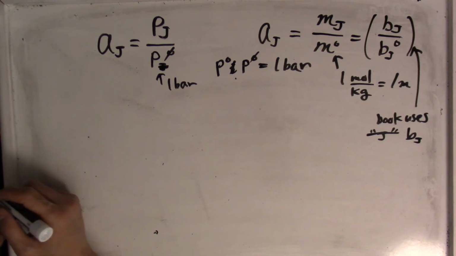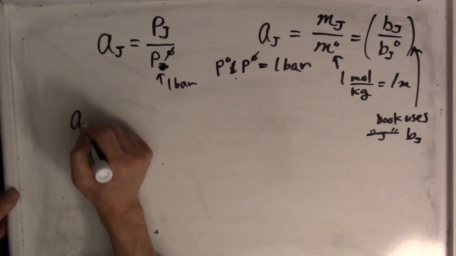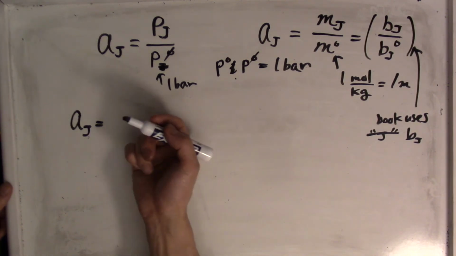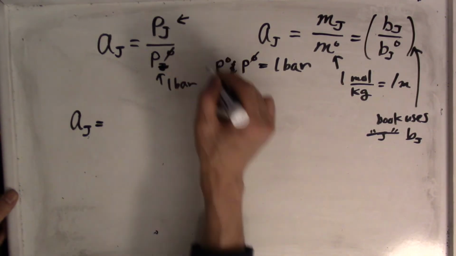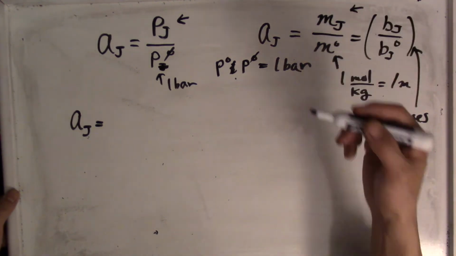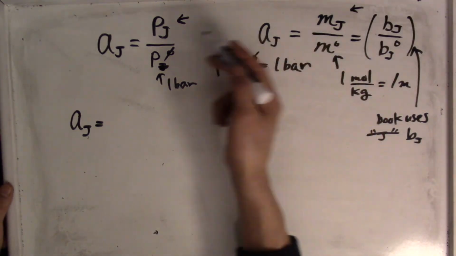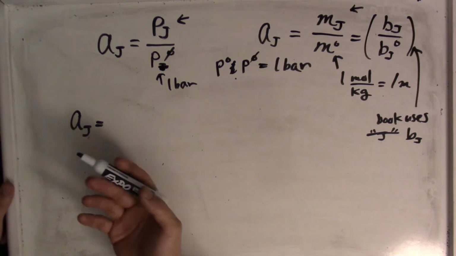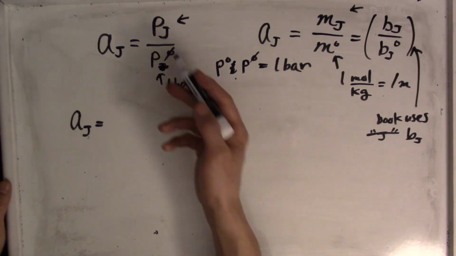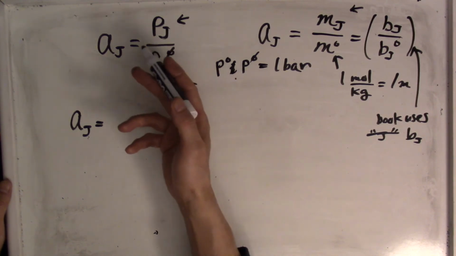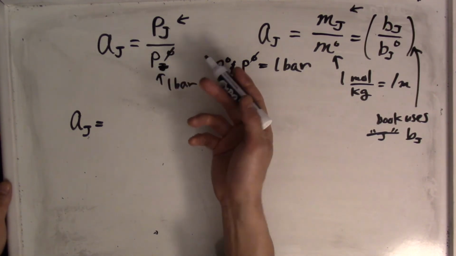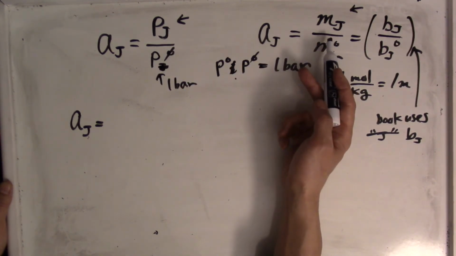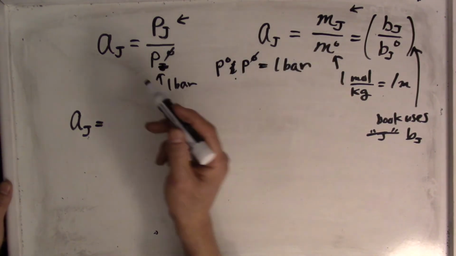Anyways, another term that you can use for activity of species J is also if you use mole fraction. Again, this is based on the vapor pressure, and based on the molality, which makes sense because these are temperature dependent concentration terms. If temperature changes, the vapor pressure of that mixture will change. That's the real vapor pressure of the mixture, and the real concentration of the solution in molality.